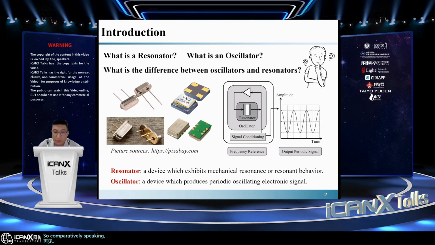Compared with the classical electrical frequency selective elements such as LC tanks, the mechanical resonators have much higher Q and hence have a better frequency selective capability, while the resonator's vibration will decay due to the inherent damping. In order to maintain the resonance, a sustain circuit is used to form an oscillator. The oscillator will produce periodic oscillating electric circuit signals.